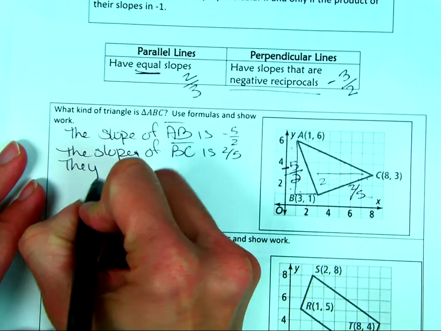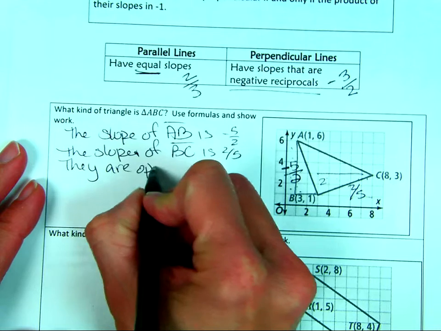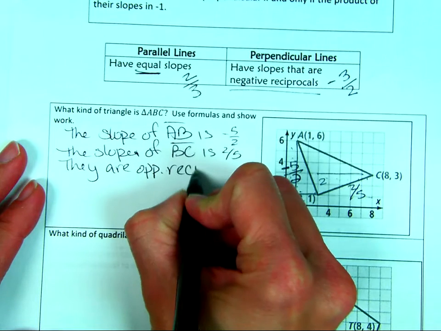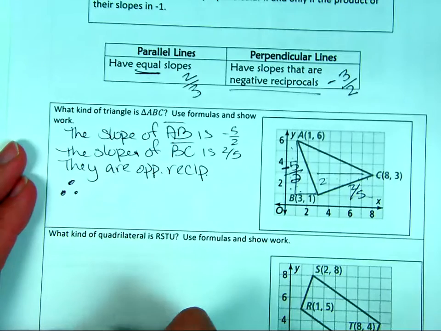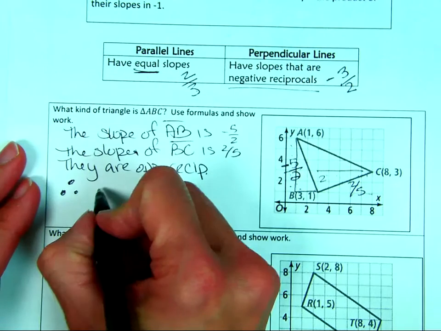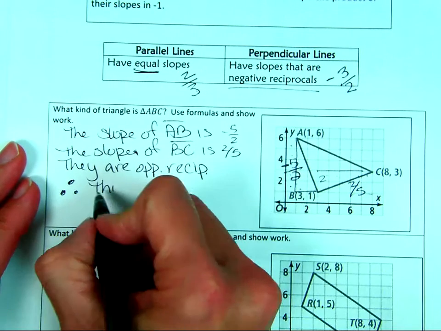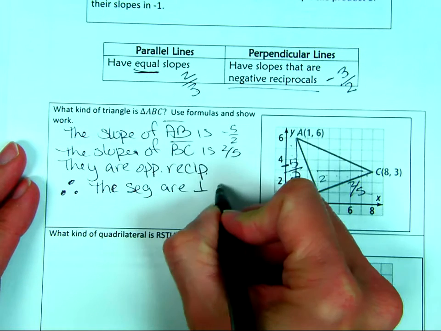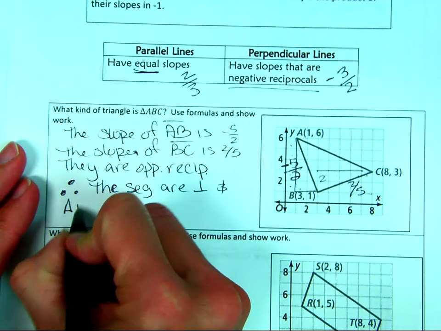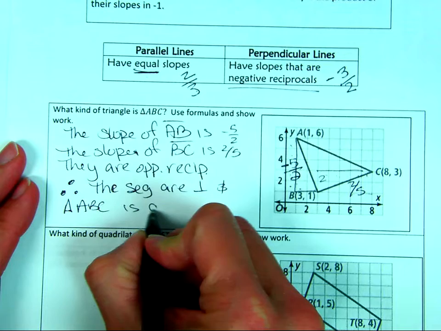They are opposite reciprocals. I'm going to abbreviate. And then I use this little 3 dots in a triangle. In math, that means therefore. Therefore, the segments are perpendicular, and triangle ABC is a right triangle.